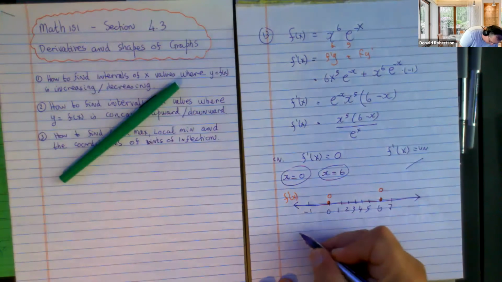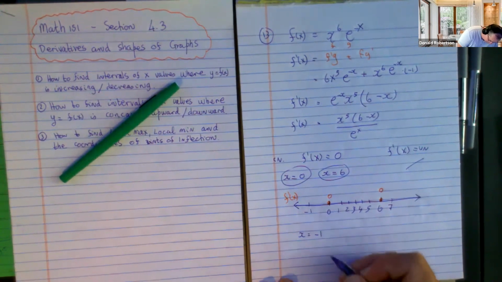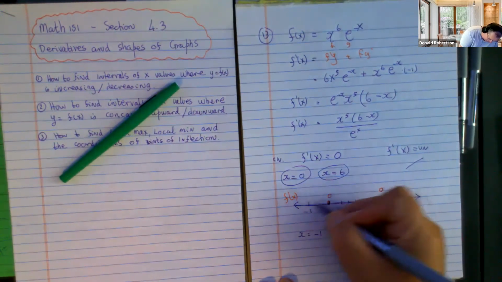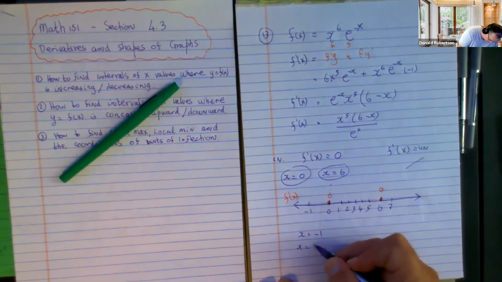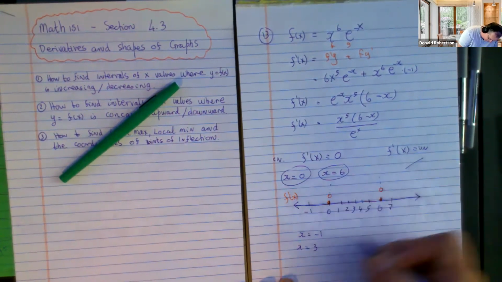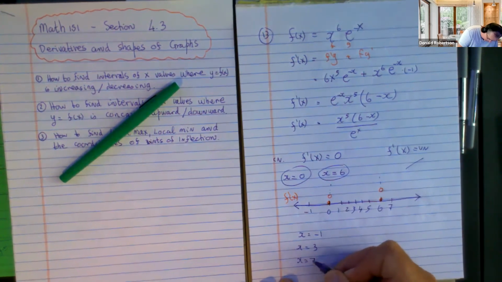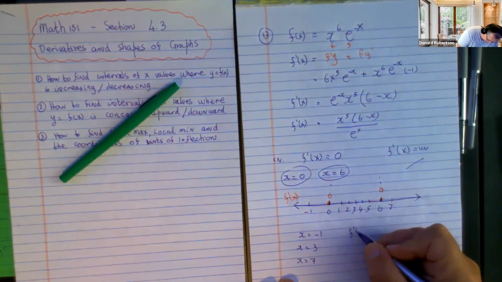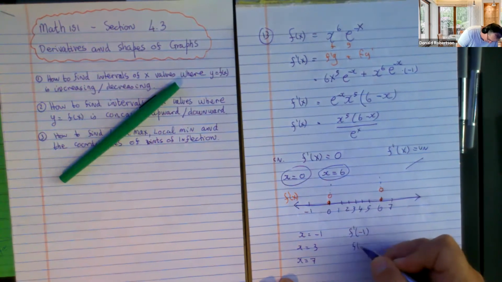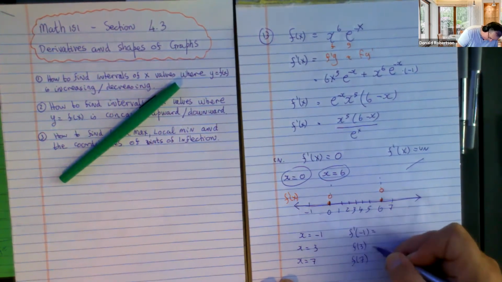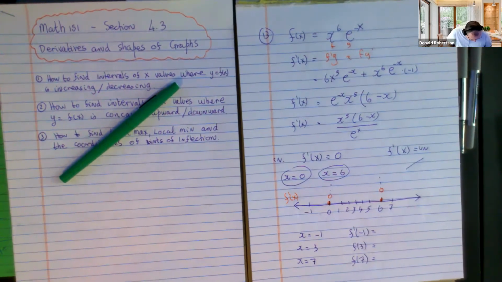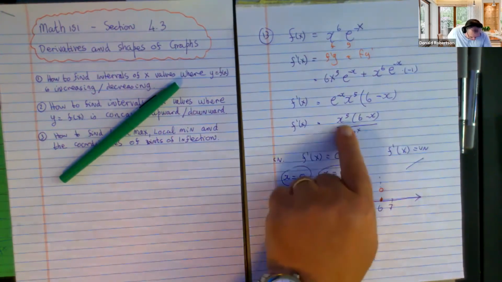And my test points would be -1, that's in this region. Somewhere in this region, it really doesn't matter, they're all ugly, 3. And someday at the end is 7. And then I would find the derivative at each of those test points.